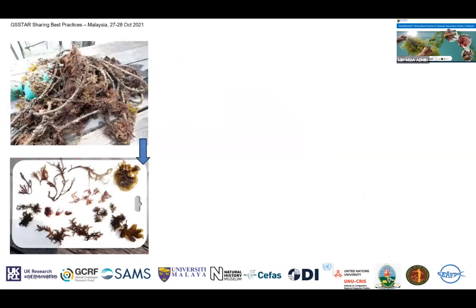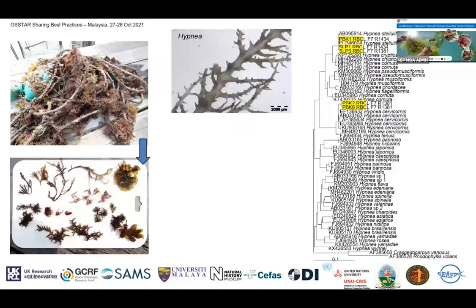So in this study, we teased out the fouling algae from the cultivation lines for molecular identification, and the results indicate a wide diversity of species, including species of Hypnea, Laurencia, Acanthosiphonia, Acanthophora, and many others.